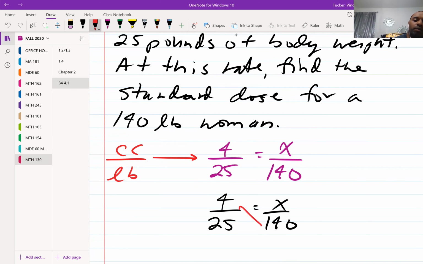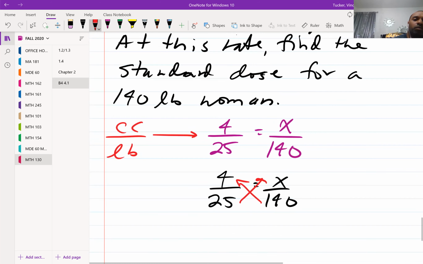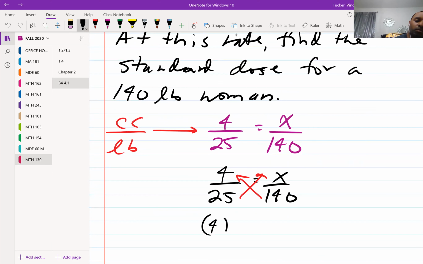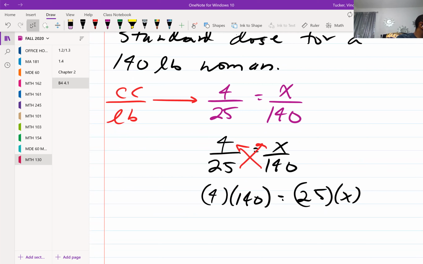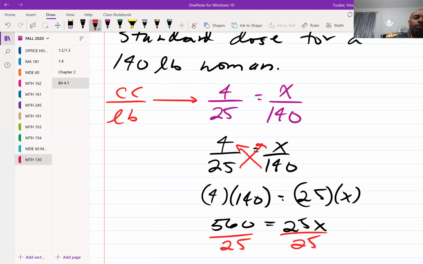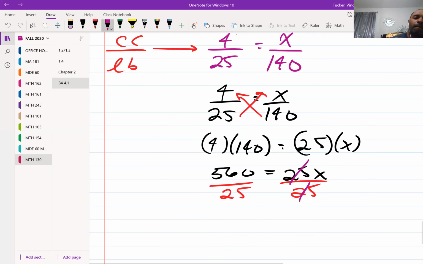And cross multiply once you have your setup. So that's 4 times 140, and then 25 times x. So that'll be 560 equal to 25x. Divide by 25. x is equal to 22.4.